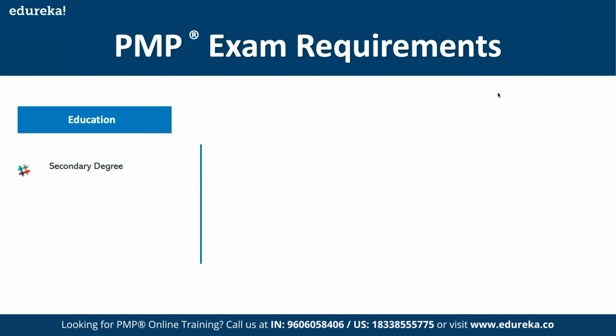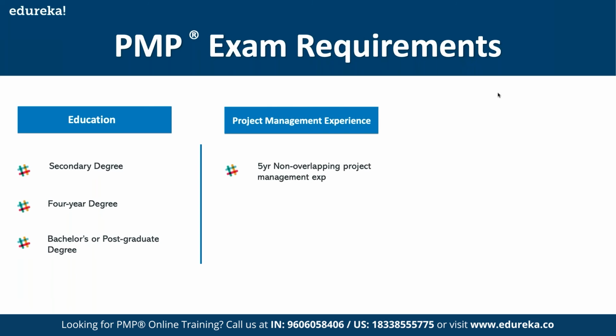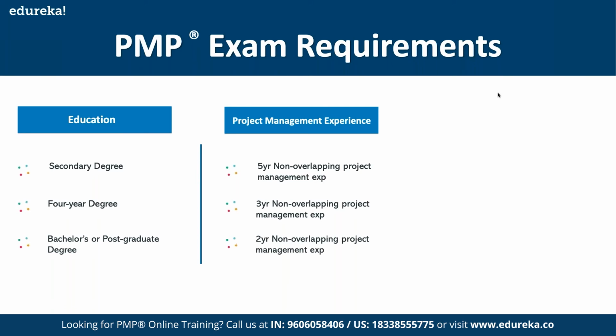So basically, in terms of education, we can have a secondary degree, 4-year degree, and then a bachelor's or postgraduate degree. And then in terms of project management experience, the participant should have 5 years of non-overlapping project management experience, 3 years of non-overlapping project experience, or 2 years of non-overlapping project management experience.